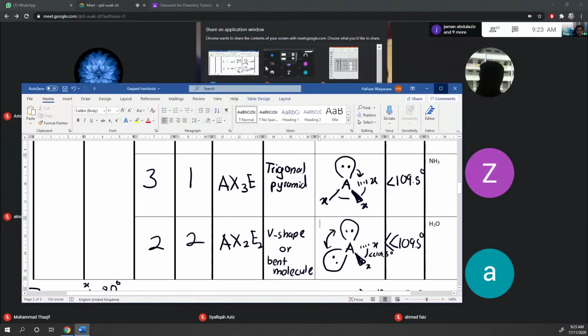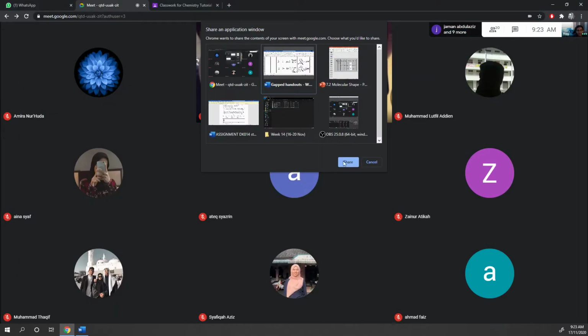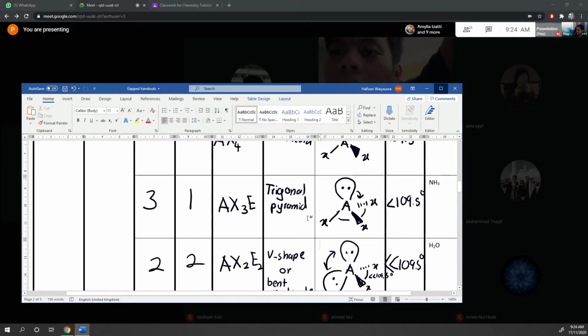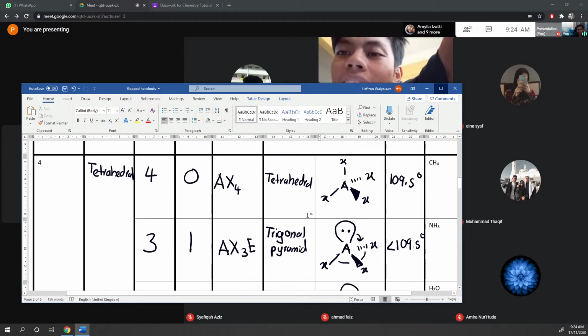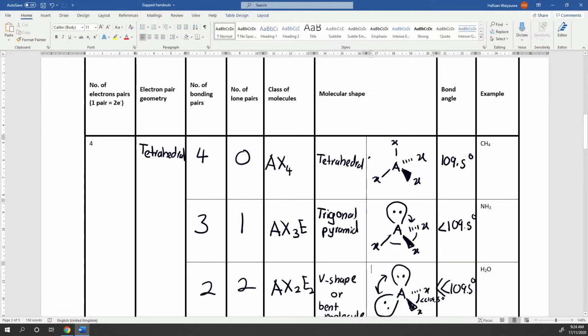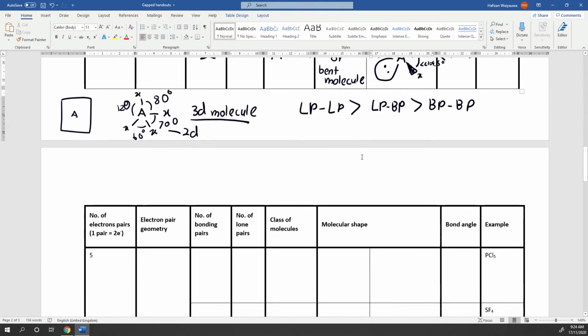Check handout ni. Ni. Saya punya lah lukis-lukis benda ni. You guys nampak tak saya lukis-lukis benda ni? Ya Allah, korang tak beritahu saya.